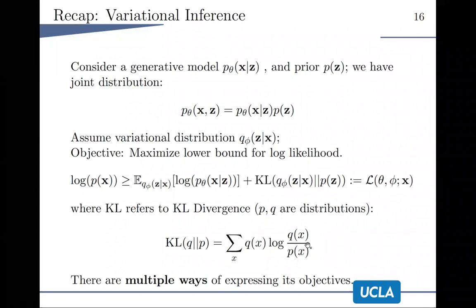It's the equation that we've seen before, and the KL here refers to the KL divergence that we've just mentioned, which is defined this way. Of course there are multiple ways of expressing its objectives; variational inference is not the only way.